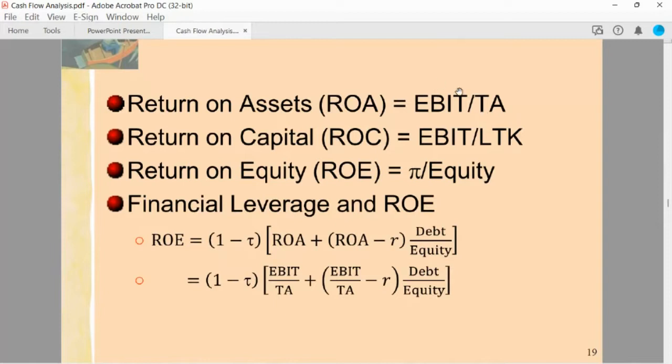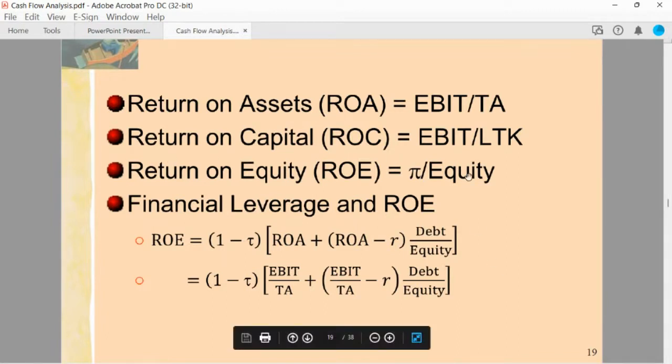But if we have net profit in the numerator on top, that is from the equity holders' perspective, which is more relevant for them. Now we understand return on equity, so I'm not going to go over that again.